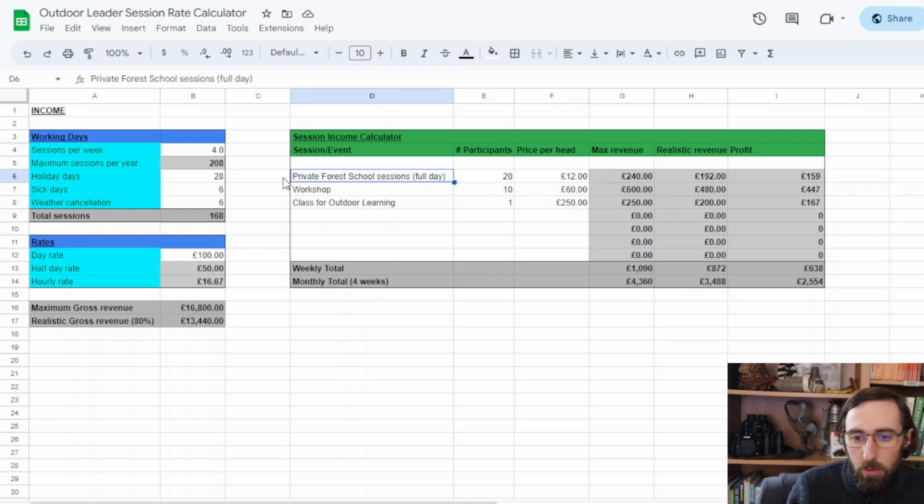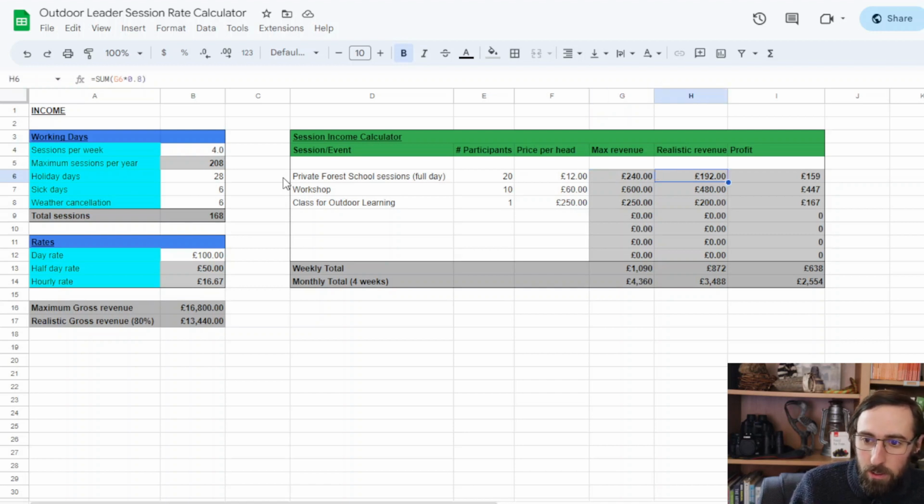So for private forest school sessions, say for home ed families, at 20 participants, £12 per head, the maximum we would get from that in total income is £240. Now, if we again apply that 80% rule, it'll take it down to about 192.